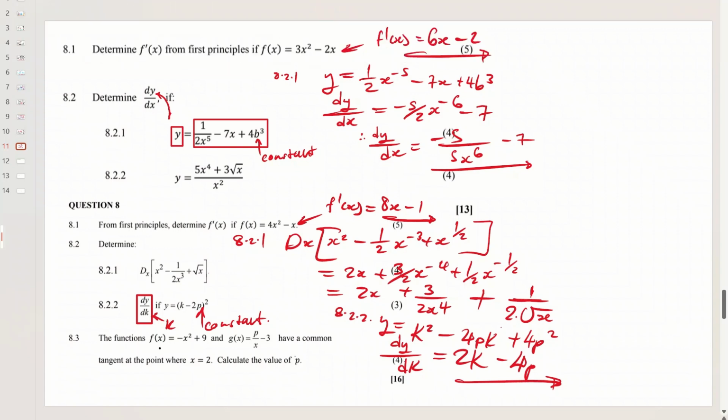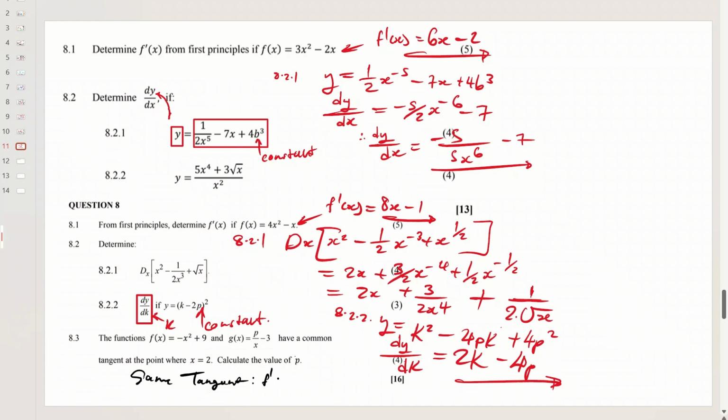So now they say that the function f of x and g of x have a common tangent. So they have the same tangent. So guys, whenever you hear that two functions have a common tangent, what you have to think of is that their gradient is the same. So please write this down.